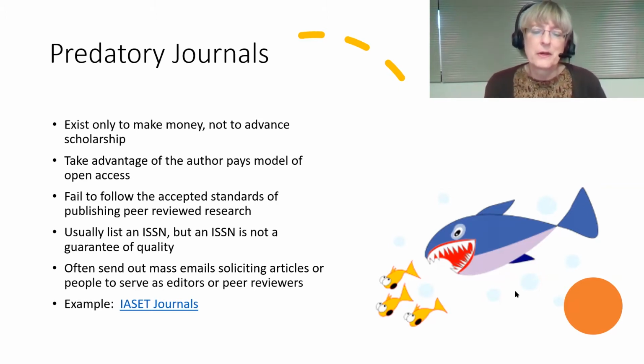Some of the characteristics of them is that they'll claim to have an impact factor, and we'll talk more about impact factors in a few minutes. That's a ranking of journals, but only a certain set of journals get impact factors. So they may say they have an impact factor, but I'll show you in a minute a tool you can use to look up journal impact factors, and you won't find them in there.